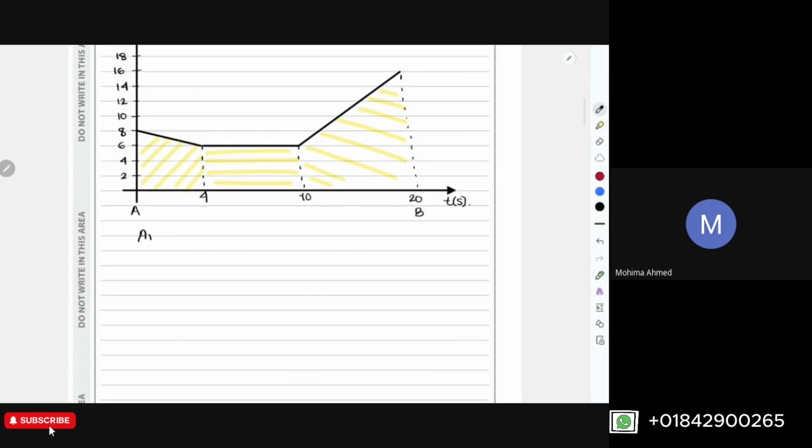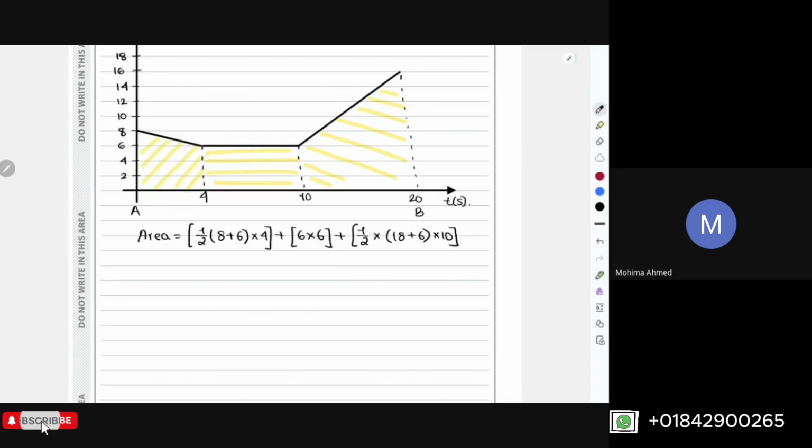So the area over here, for the first one, 8 and 6 are parallel sides, 4 is the height. So half of 8 plus 6 with 4, adding this with 6 and 6, then again adding this with 6, 18, 10. So half of 18 plus 6, 10.